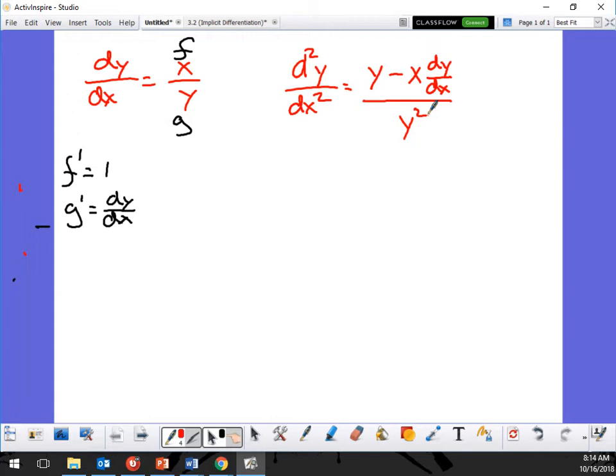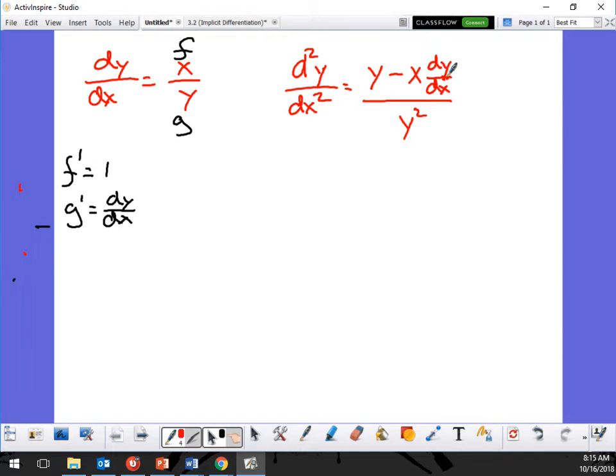So whenever I'm doing implicit like this, I'm going to take a derivative and I'm going to have to plug back in the first derivative in here. Since this is the second derivative, like it says here, and this is the first derivative. Do I know what the first derivative is? Yeah, over here, x over y, right? So that has to replace my dy dx.